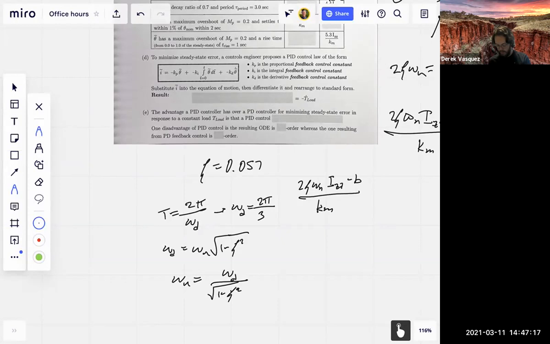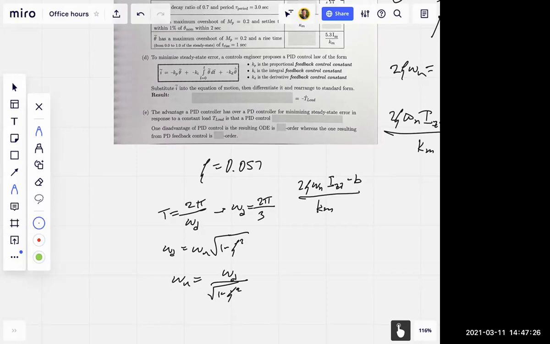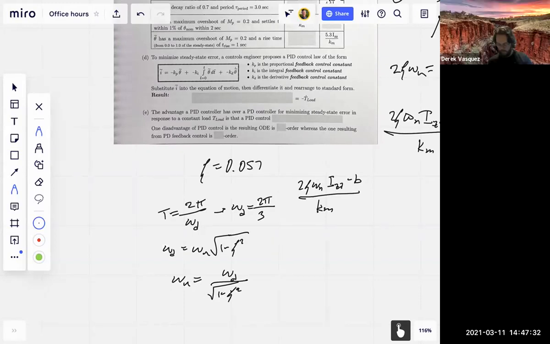And then we're going to divide that by the square root of 1 minus 0.057 squared. I got 2.09781. Never got a chance to round that off. Okay.